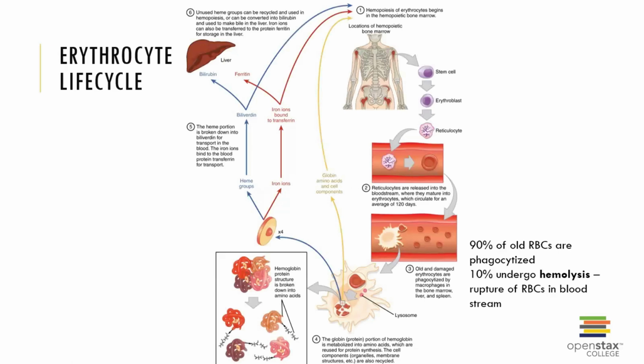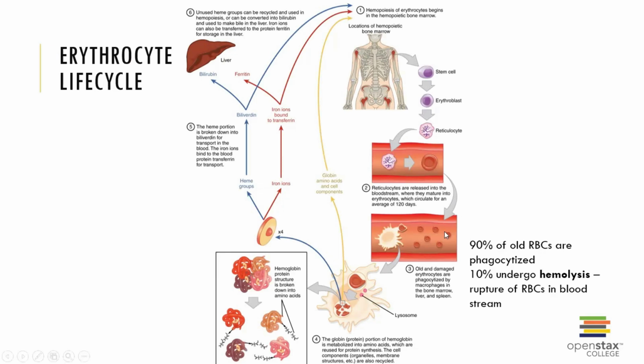All right, then we have the erythrocyte life cycle of red blood cells here. So the body produces approximately several million, I believe 2 to 3 million red blood cells per second. After being released from the bone marrow, red blood cells will travel many, many miles through the blood vessels.